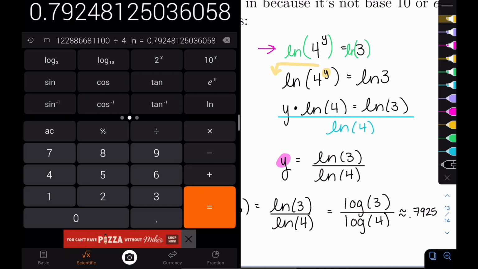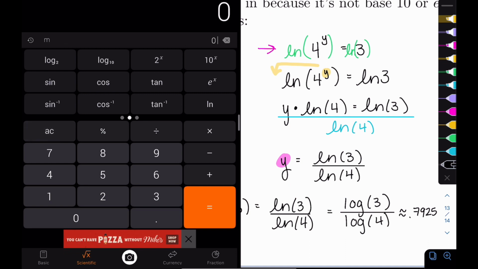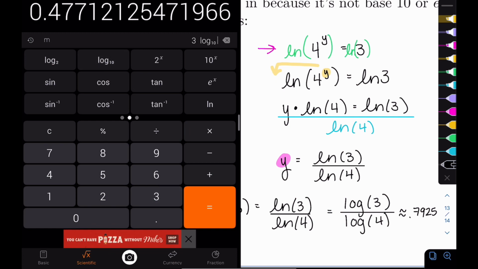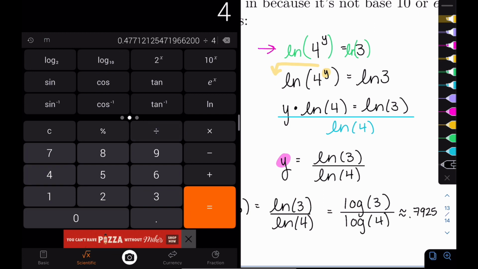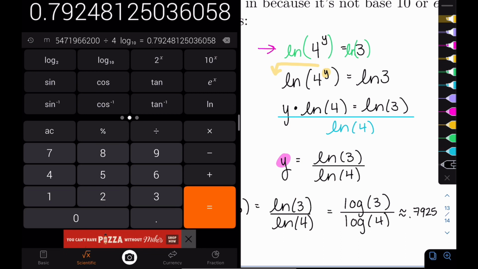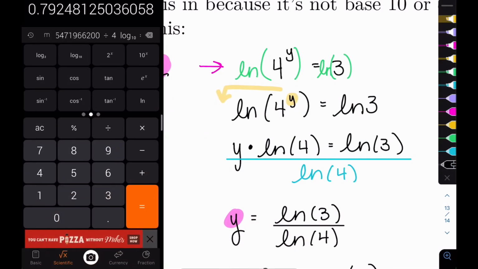Okay. And if I do the other way, let's clear it. If I do log base 10 of 3 and divide that by log base 10 of 4, you end up with exactly the same answer. So it doesn't matter which one you use and plug in your calculator.